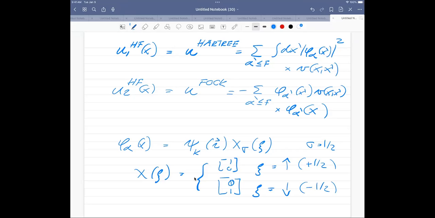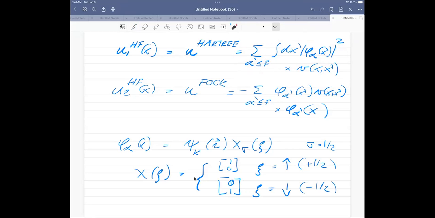And when I now look at the equations in coordinate space, for the first term, the Hartree term, that contains a summation over the spins. So this alpha here sums also over the spin degrees of freedom.